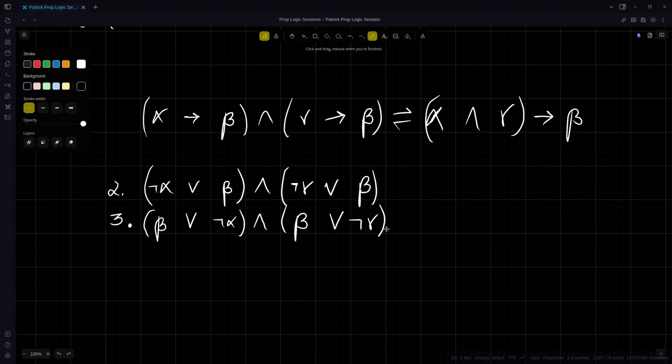And then rather than go in the other way, it's beta, or, and then in brackets not alpha and not gamma.